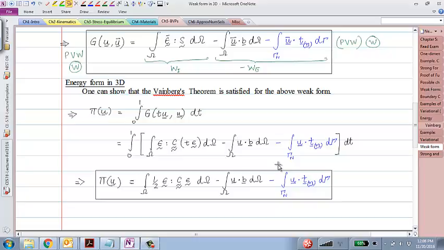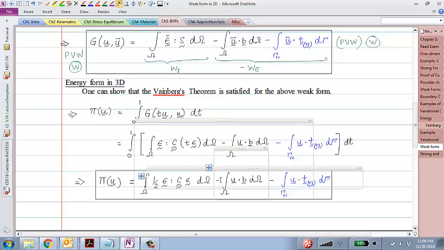So if you have a three-dimensional structure or a solid body that has some deformed shape, you can calculate the strain energy stored in this deformed body by this first term. And as the body is deforming, there is change in potential due to external conservative forces, which are the second two terms. Exactly what we had for the 1D bar problem.